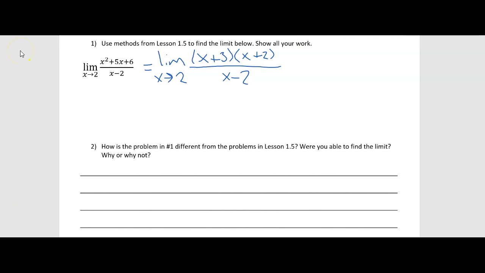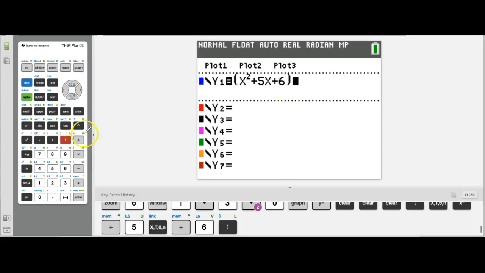Okay, so hopefully you thought back to using either a table or a graph. I'm going to pull up my TI-84 software, and we're going to check out both, actually. Let me first get rid of this stuff. So I'm entering the function.